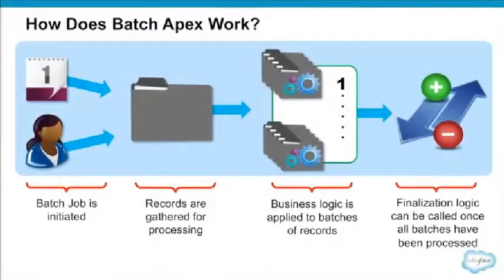How does Batch Apex work? Well, either via a schedule or via some sort of Visualforce controller or execute anonymous, it's going to be initiated. We're going to gather the records that need to be processed, and then we're going to execute that business logic on an iterative basis. So we process in smaller chunks.